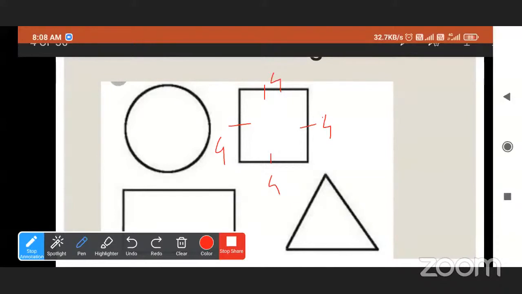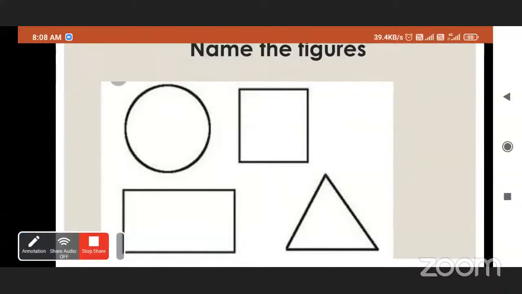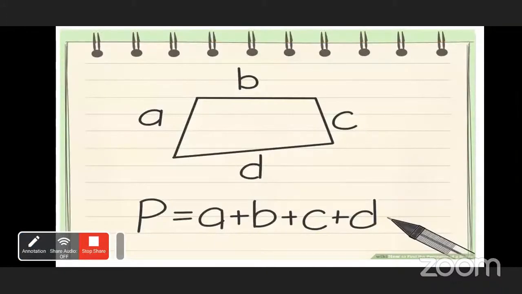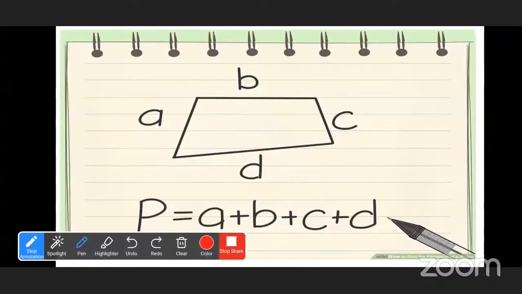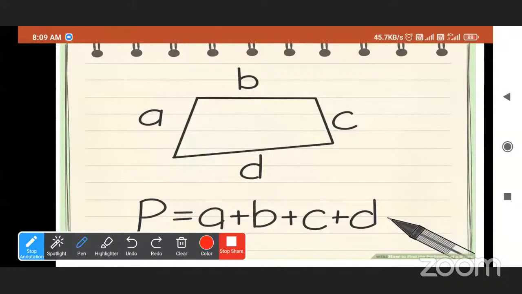So what do you mean by perimeter? Okay, we will see it. Here, P stands for perimeter. Here is a figure. If we want to find the perimeter of this figure, see, it is the sum of all lengths of the given figure.